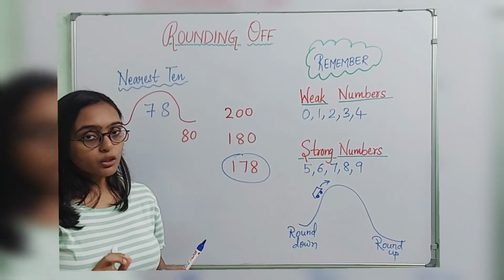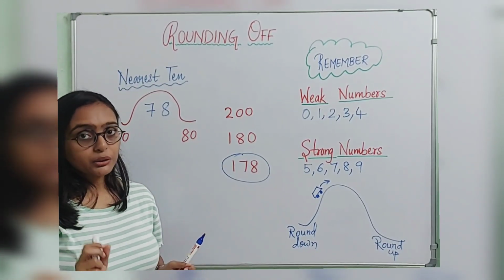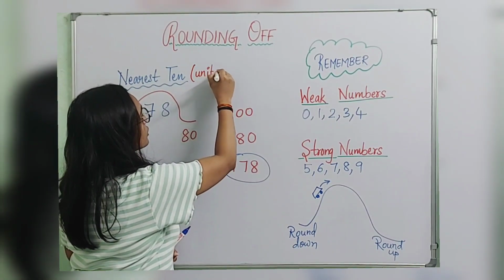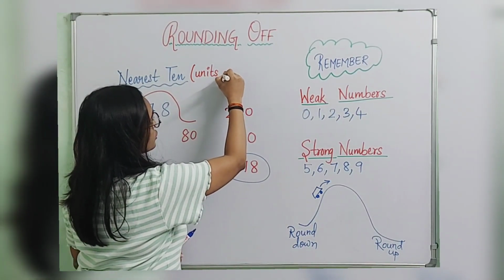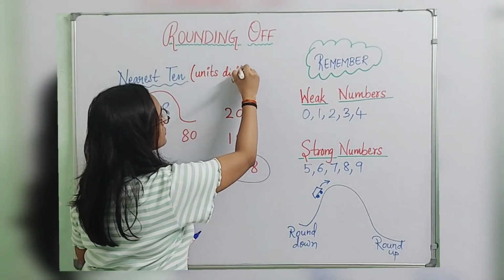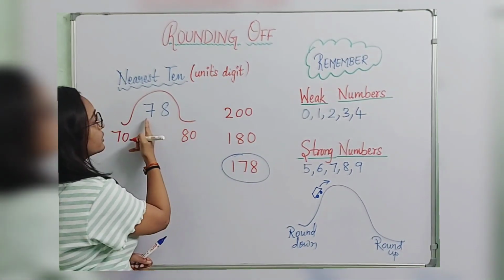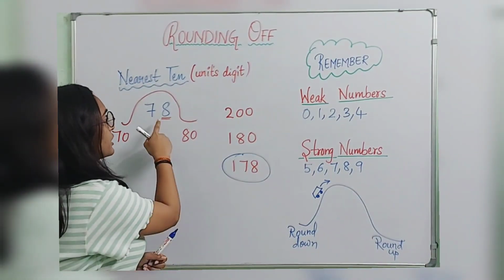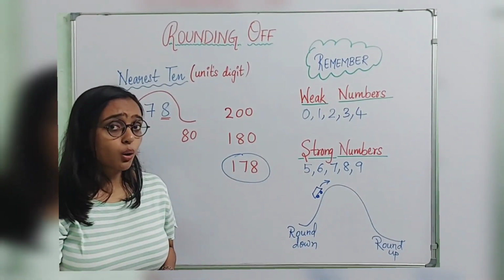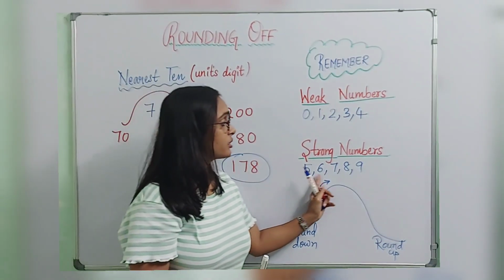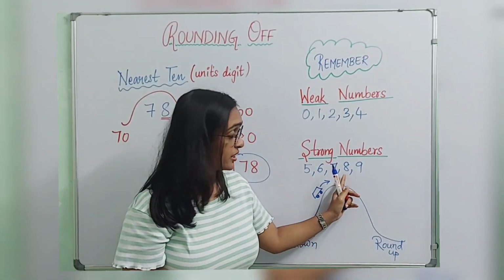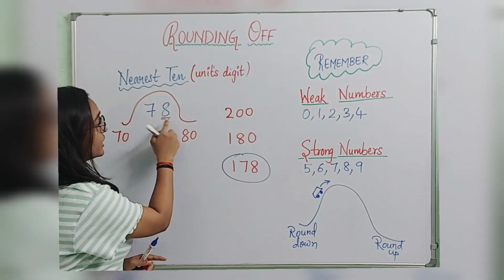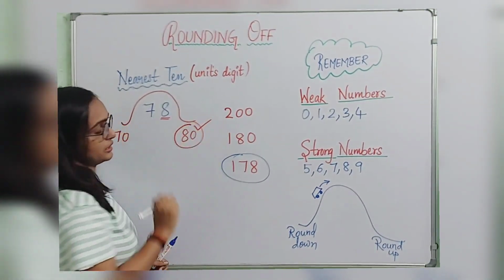Whenever you have to round any number to the nearest tens, you have to check the digit at the units place. Here the units digit is 8. Is it a strong number or a weak number? It is a strong number. As I have said, if it is a strong number, it will round up. So 78 will round to 80.